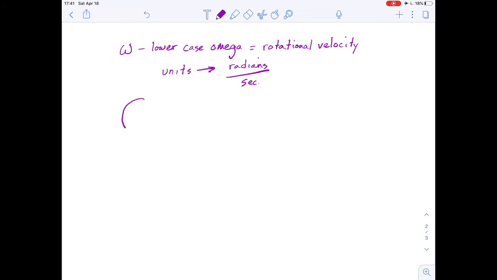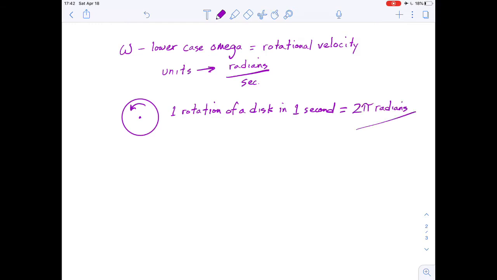So if we have a disk or a circle or a ring rotating about its center, and let's say it's rotating once per second, 1 rotation per second, then there's 2 pi radians in a whole circle. So the rotational velocity would be 2 pi radians per second.